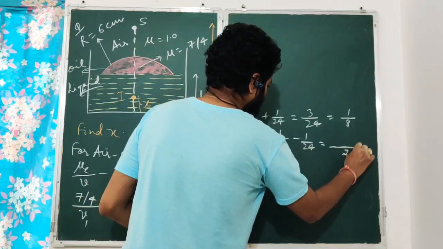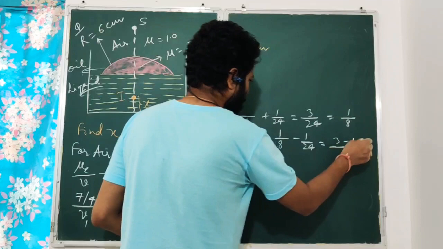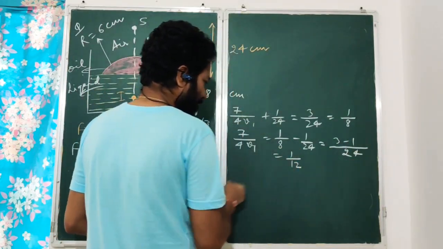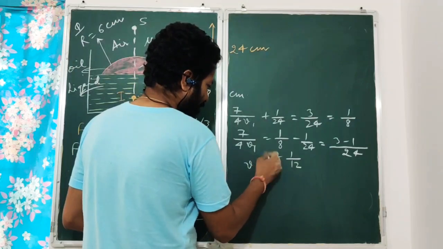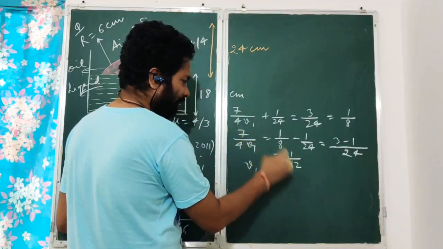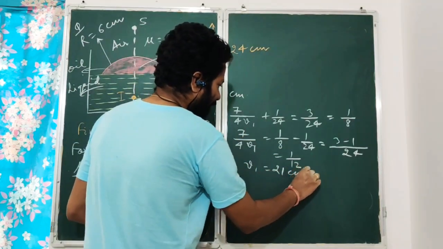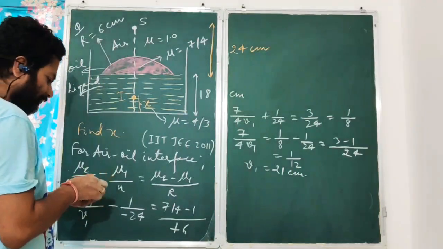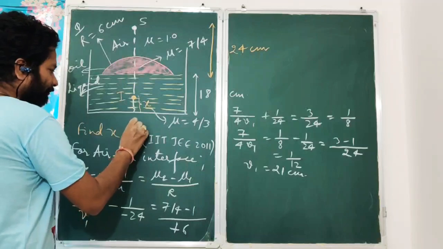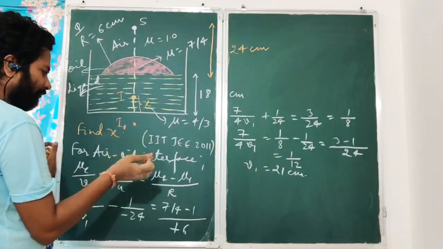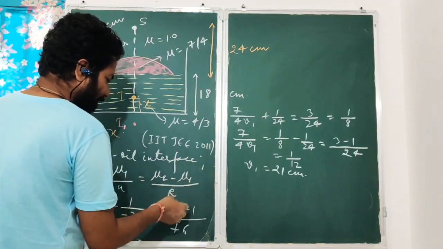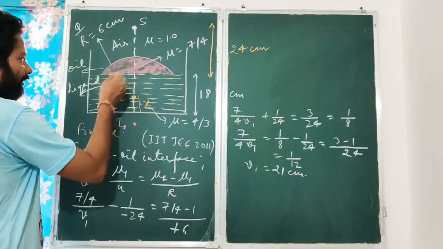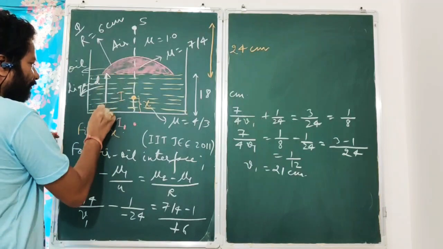So this will become 24. 3 minus 1, 2 by 24, which is 1 by 12. So V1 becomes equal to 4 threes are 12, 3 sevens, 21 centimeter. So that means the intermediate image is getting formed somewhere here. I1. So I1 is getting formed somewhere here, and this distance is your V1.